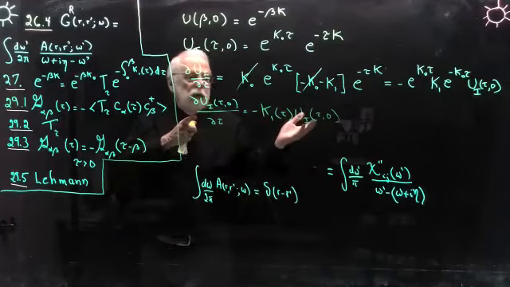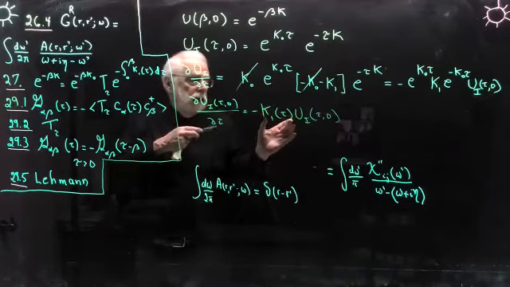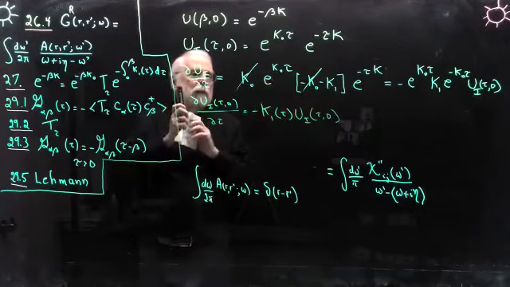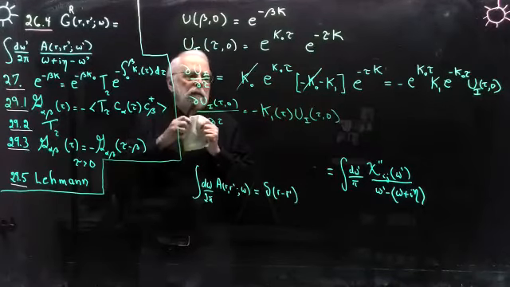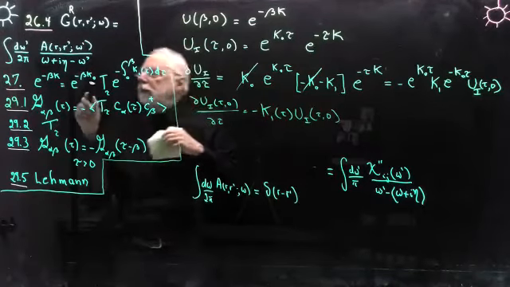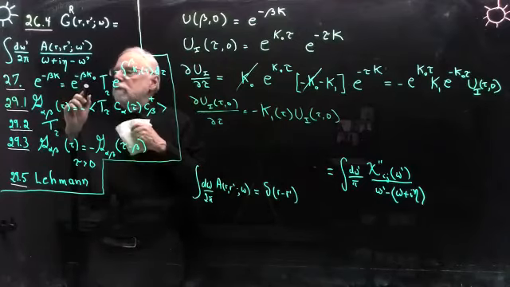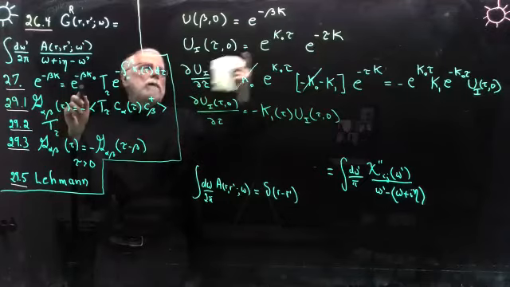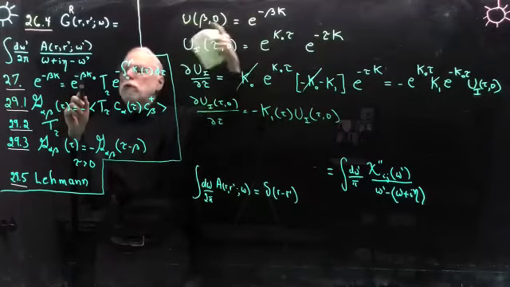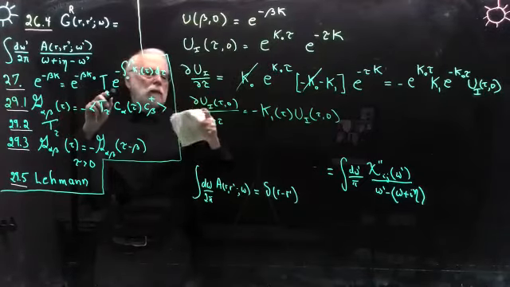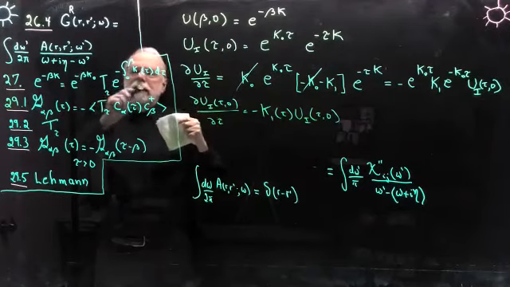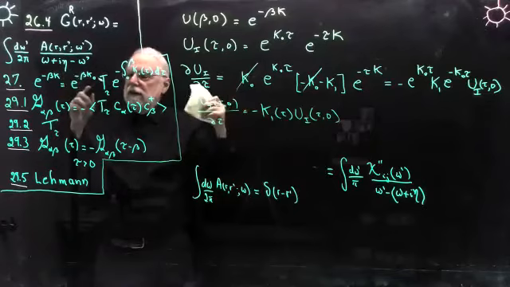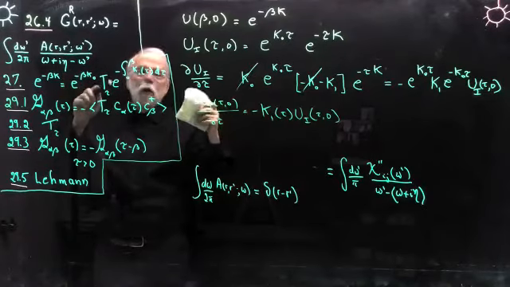So what is the solution of this? If K1 was some constant, this would just be an exponential. Okay? But you see what happens here? I have that this is e to the minus K0 tau. And so this means that the U_I is this object here. So it's an exponential, but it's a time-ordered exponential.